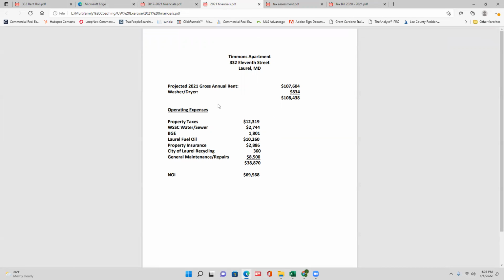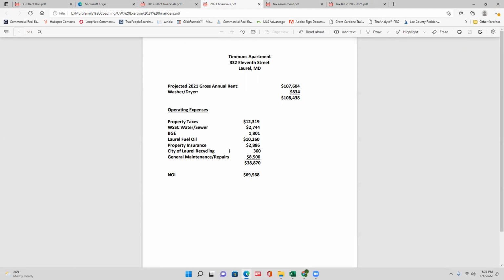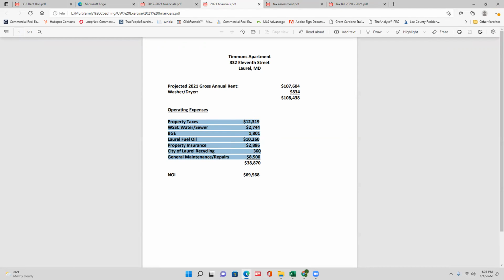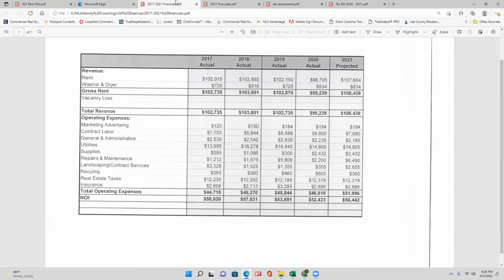All right, so you won't be able to see both screens on here, but what I'm going to do is just go back to the model. And what I'm going to be doing is plugging these in the trailing 12 months. Because this is all of, projected 2020, actually 20.